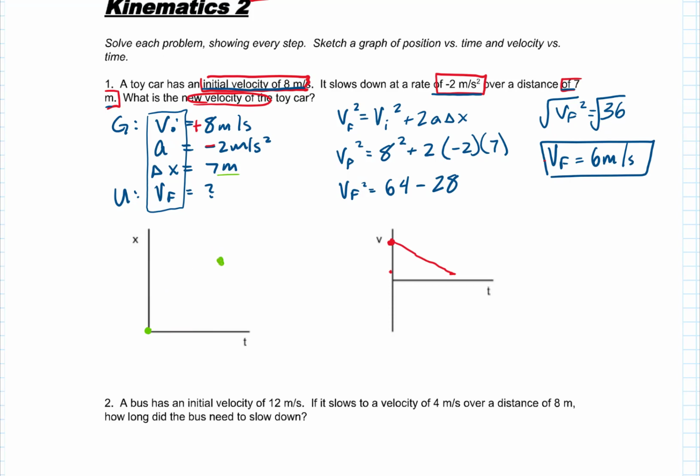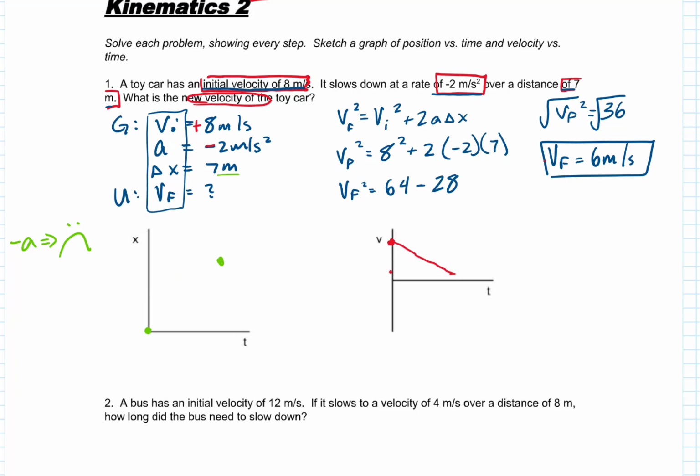So I know I go forward, but here I have a negative acceleration. So one of the things that negative acceleration means on position versus time, and we'll draw it over here, is some sort of frowny face. So one way we could look at this is to go, all right, I'm going to have a frowny face, or concave down, to represent negative acceleration.